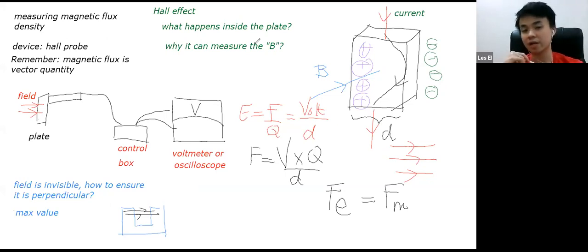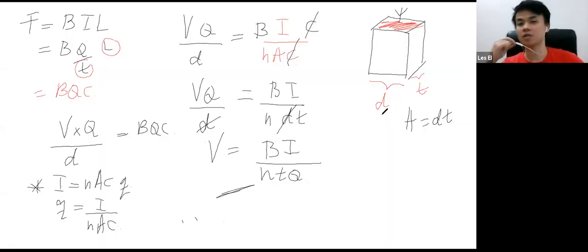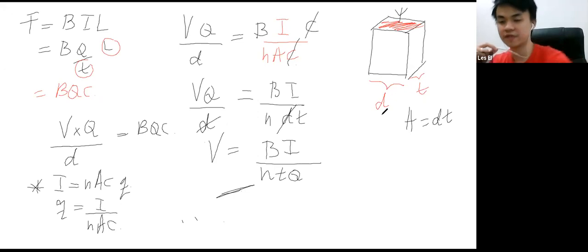Do you understand how I get this equation from? B times I times L, right? And on the other hand, you know I is equal to Q over T, is it? So if you have a measurement in length divided by time, it will give you speed.